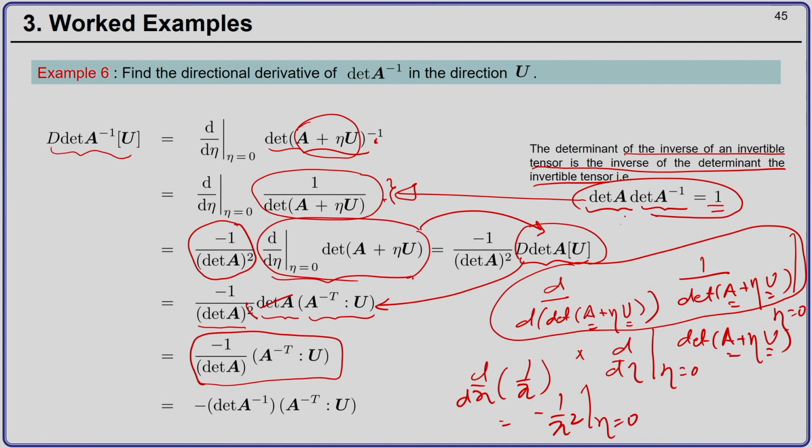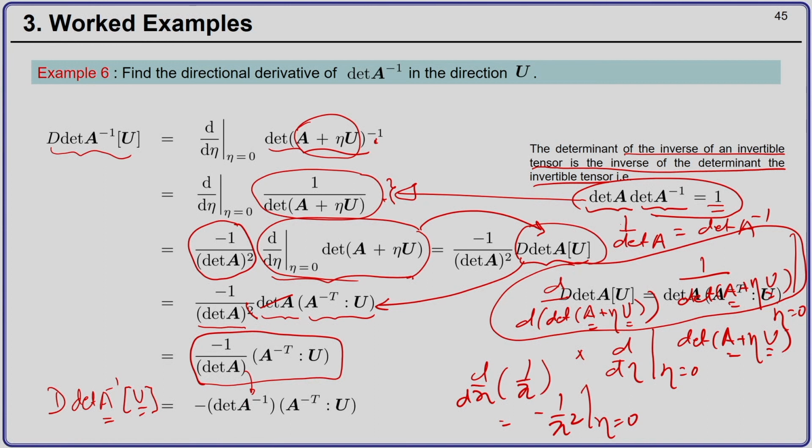So, that is what we substitute here, and then we get our required expression, which is the directional derivative of determinant of A inverse in the direction u is nothing but minus of determinant of A inverse into A inverse transpose double contracted with u.